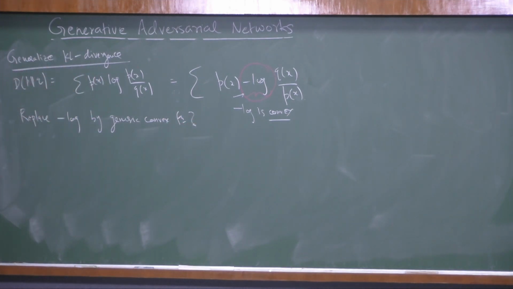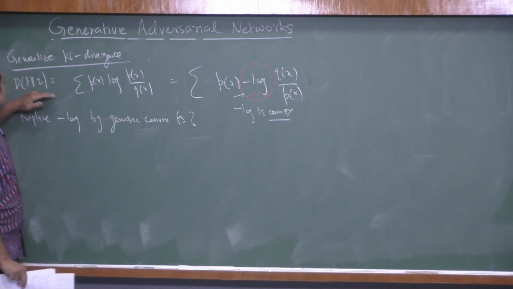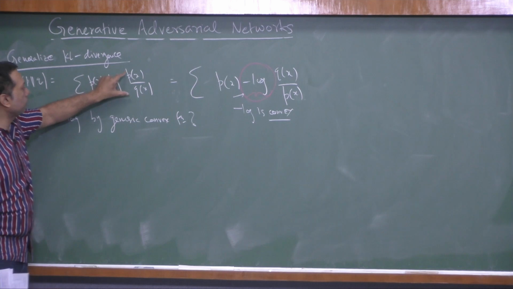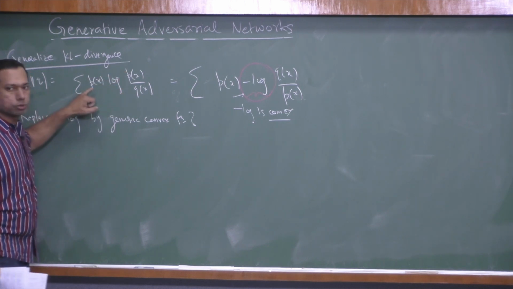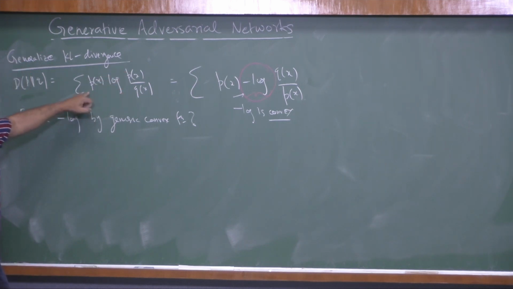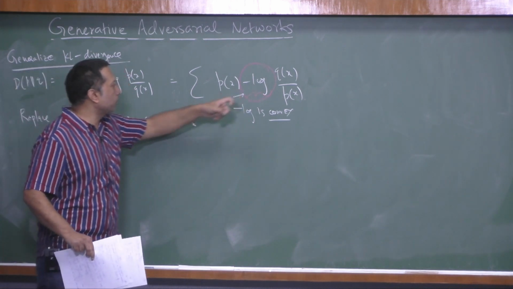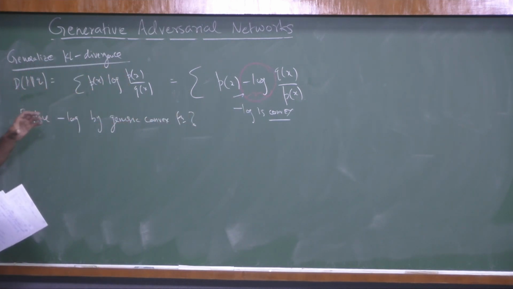Now obviously, while doing so you would like to know that the basic nature of divergence measures is satisfied. In other words, if P is equal to Q, then it should essentially go to 0. That's what was our expectation. So we put a convex function, but in such a way that it maintains the fact that P being equal to Q gives 0.